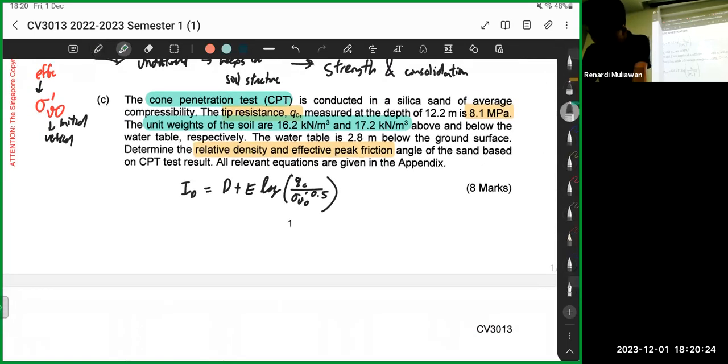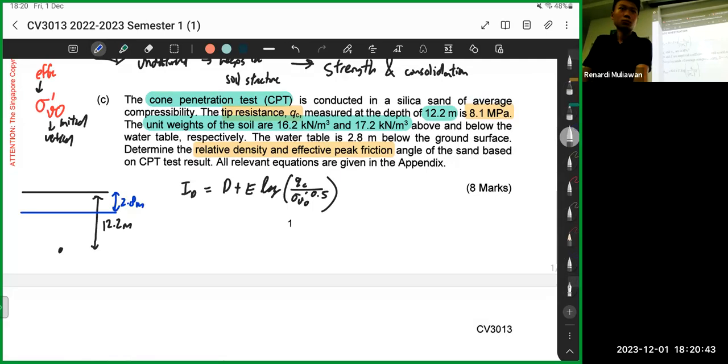The measurement is taken at 12.2 meters below ground, right? So if this is your ground, they measure it at 12.2 meters. The water table is 2.8 meters below, so it's here.